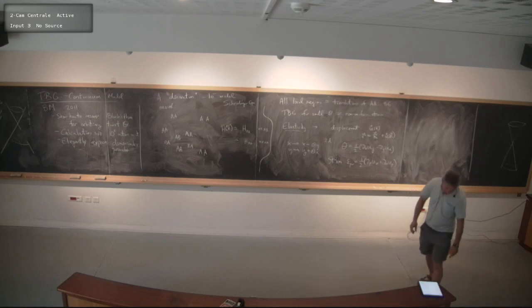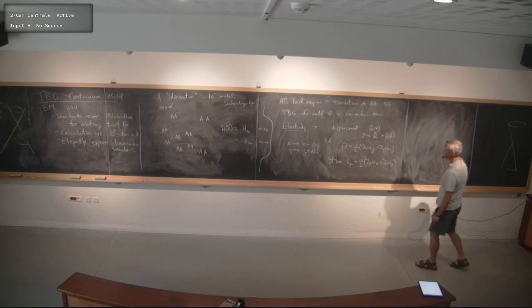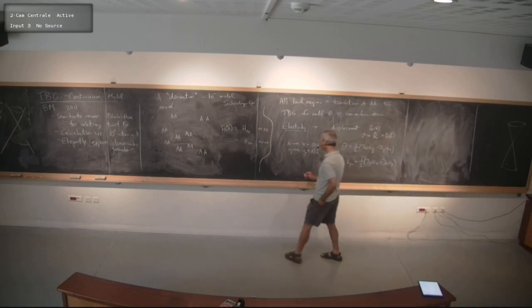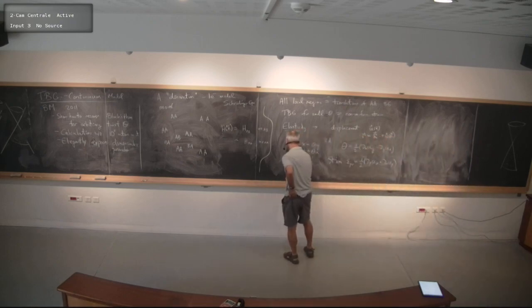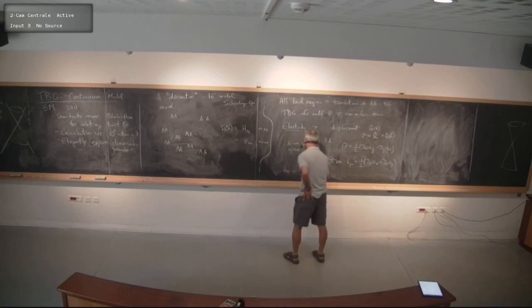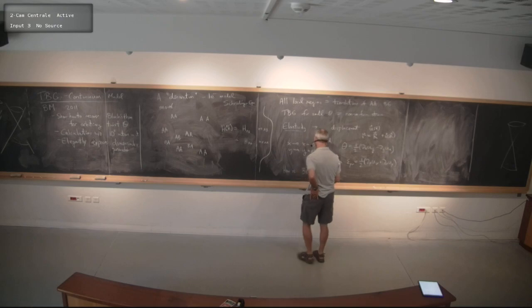So that's the procedure. And we're going to ask, how is not twisted bilayer graphene, but just bilayer graphene, affected by strain?